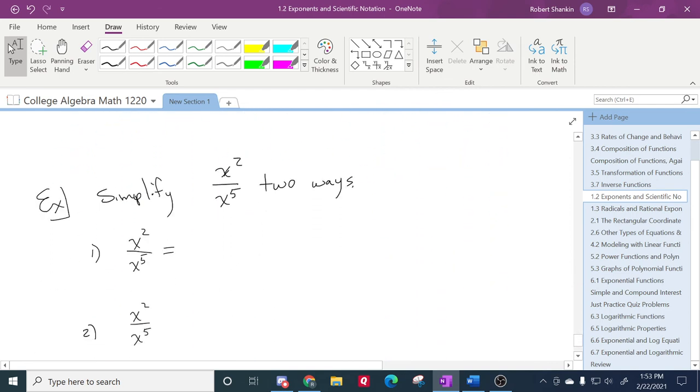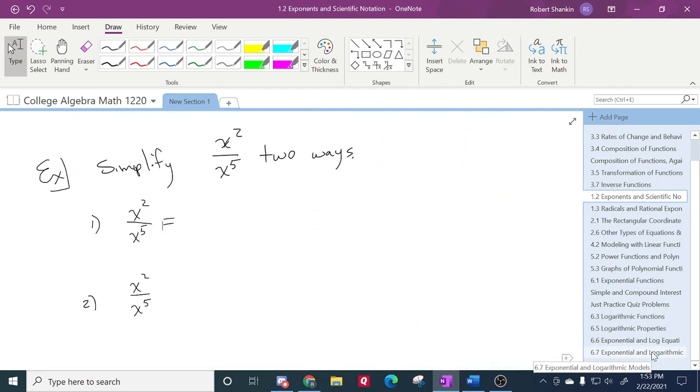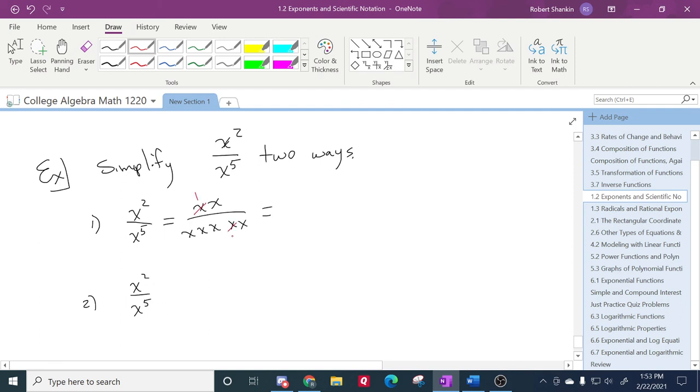So I'm going to say x squared over x to the 5th is xx over 5 x's. And then I'm going to do 1-for-1 cancellation, dividing, getting 1 each time, and I'm going to get 1 over x to the 3rd. Okay, so that's one way to do x squared over x to the 5th.